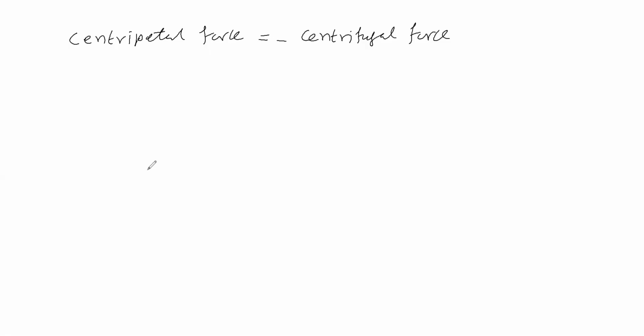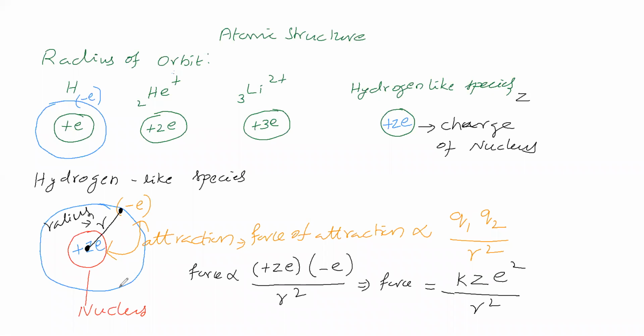So now we will see this electron revolving around the nucleus. Is it falling into the nucleus? No. Otherwise, if it is falling into the nucleus, then the atom will collapse. But the atom is existing, which means it is not collapsing, which means the electron is not falling into the nucleus.